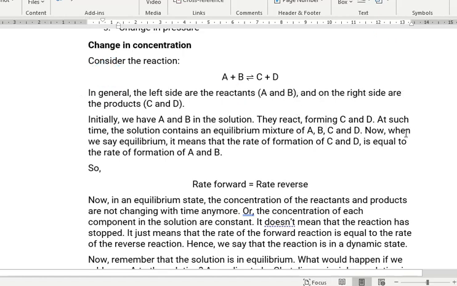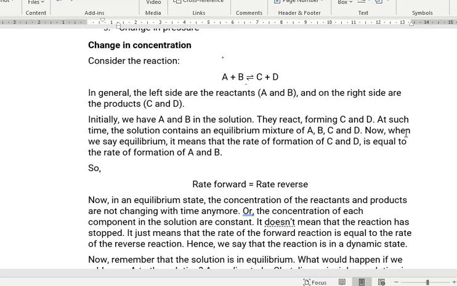Okay, so consider we have A plus B to form C and D. So in general, right? We know that on the left side are the reactants and on the right side are the products. So A and B here are the reactants and C and D are the products.